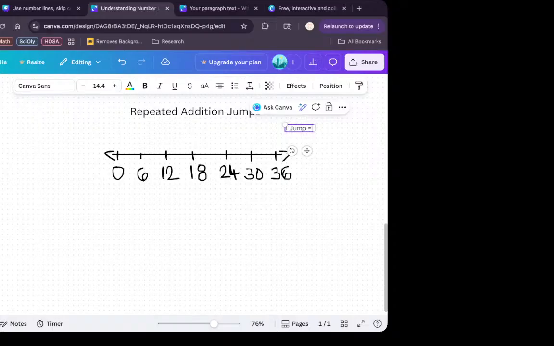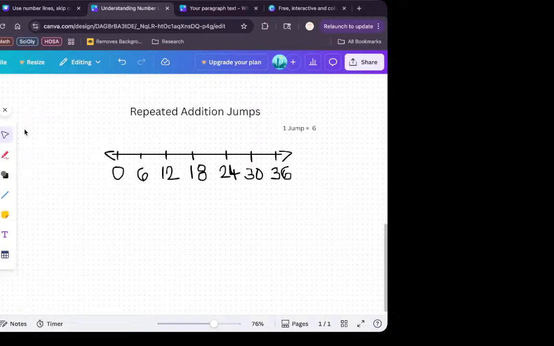Okay, so one jump is equal to 6. How do we know that? Well, let's look at our number line here. So in our number line, every time we move forward or every time we move backward, we are going either plus or minus 6.